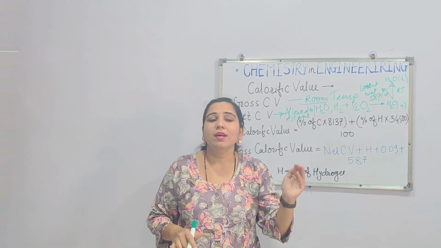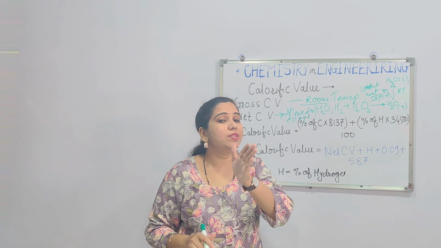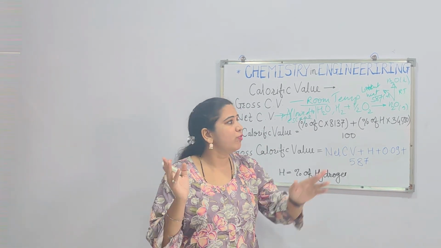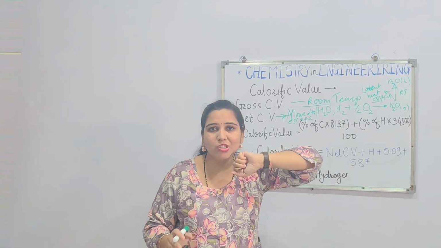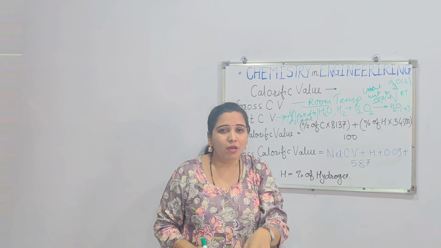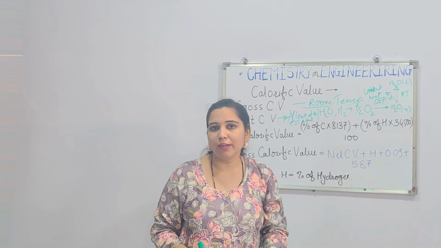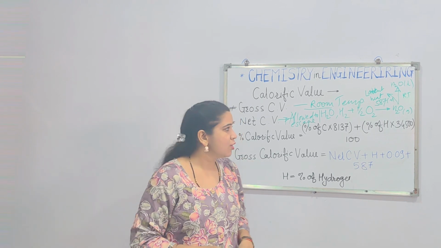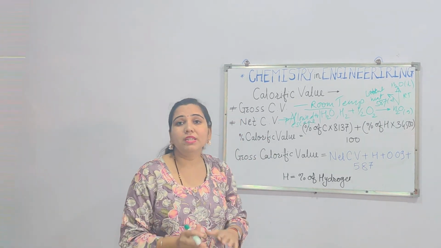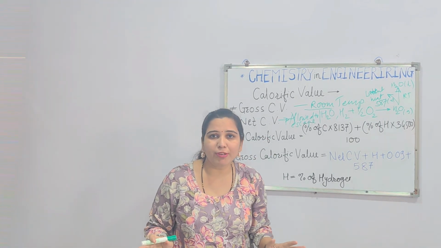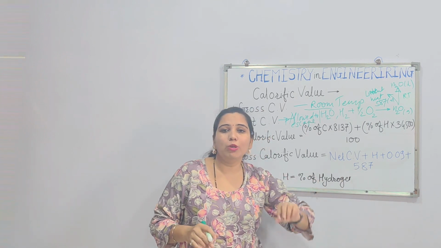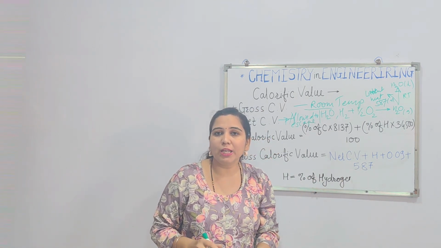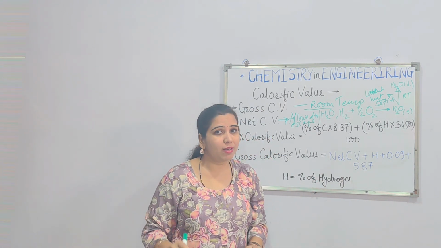That's why the gross calorific value is a higher calorific value, because of the addition of the latent heat of condensation, and the net calorific value is a lower calorific value because of its absence. In this way, these are the different types of calorific values. Calorific values are measured in kilocalories per kilogram or calories per gram.